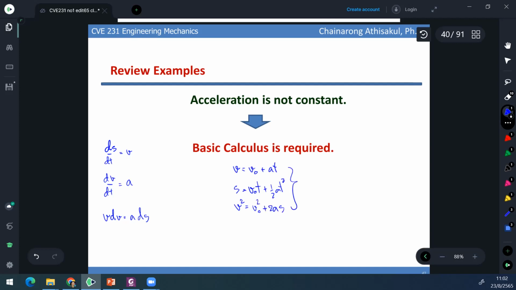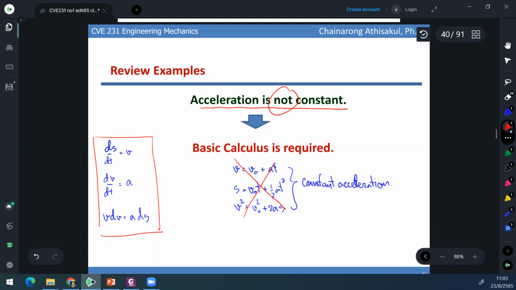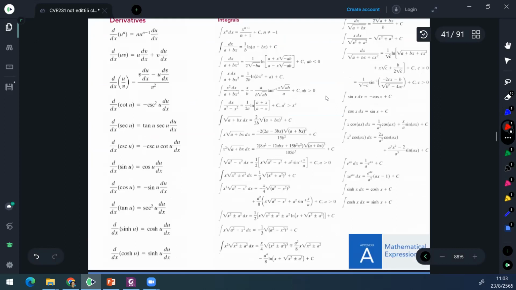These formulas are for constant acceleration, and they cannot be applied right now because the acceleration is not constant. So we have to come back to these equations instead, and we have to use calculus for differentiation and integration. So you have to review the basic calculus.